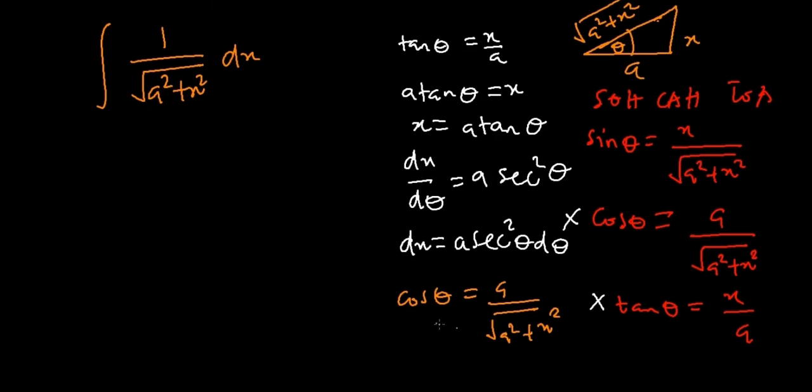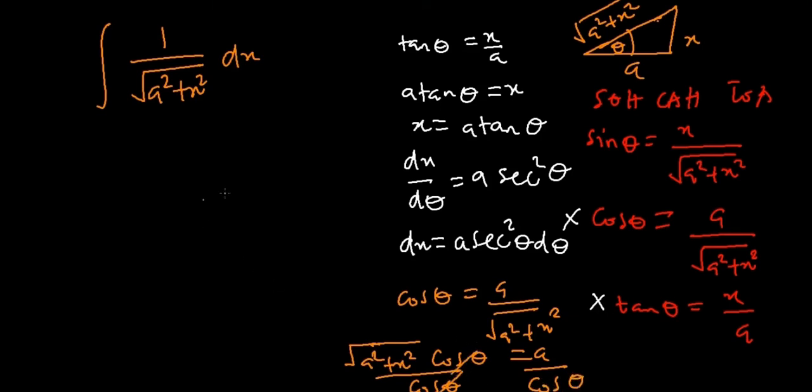We do that by multiplying with the cosine of theta, right? So we have the square root of a squared plus x squared times cosine of theta equals a. From here, I'm going to divide both sides by cosine of theta. So this and this will cancel out.